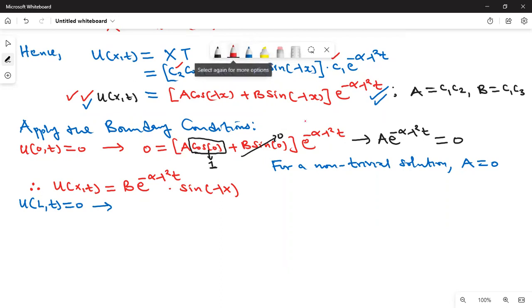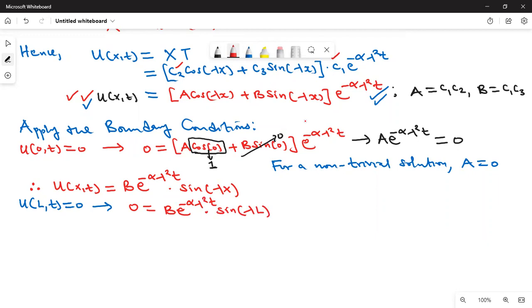So with this substitution, you're going to get 0 is equal to b exponential negative alpha lambda squared t times sine of lambda L. Again, remember here b can be equal to 0, or this exponential function can be equal to 0, or the sine of lambda L can be equal to 0.